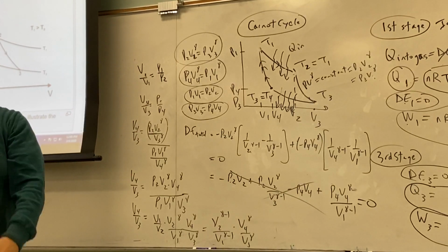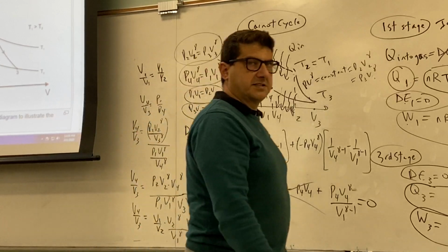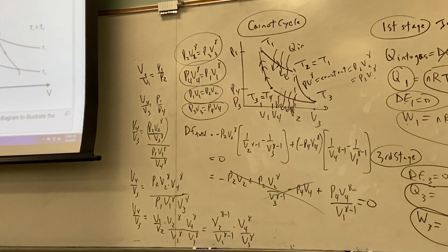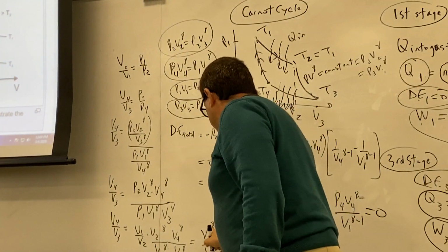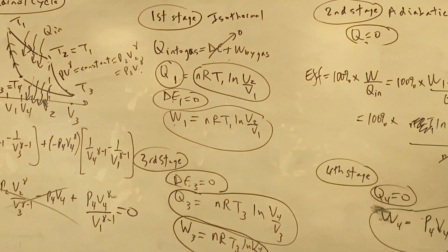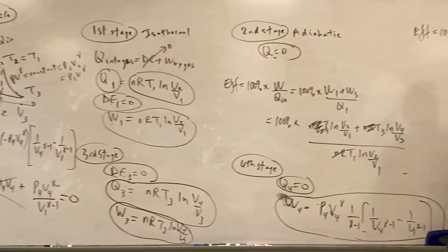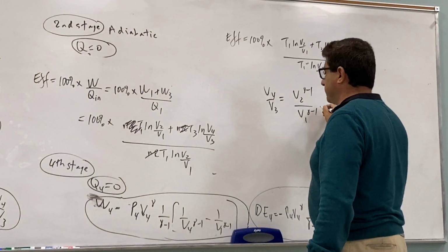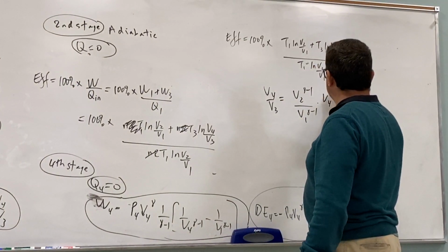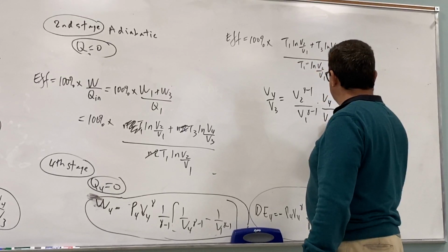Oh, okay, I've unlocked it. Dang, it's like a puzzle. So I've got V4 to the V3 is equal to V2 to the gamma minus 1 over V1 to the gamma minus 1 times V4 to the gamma over V3 to the gamma.